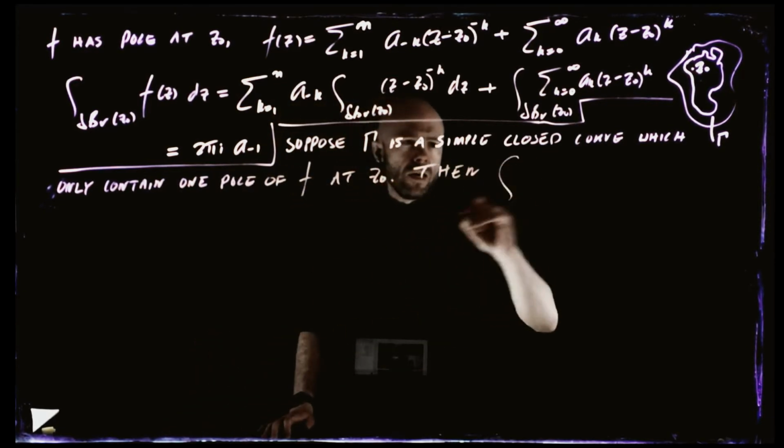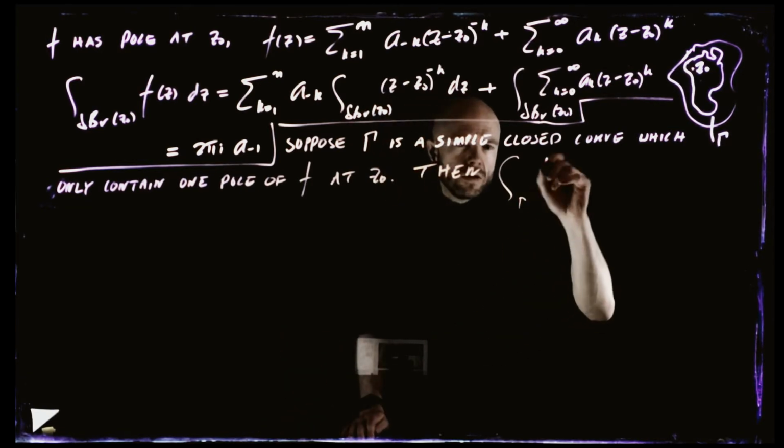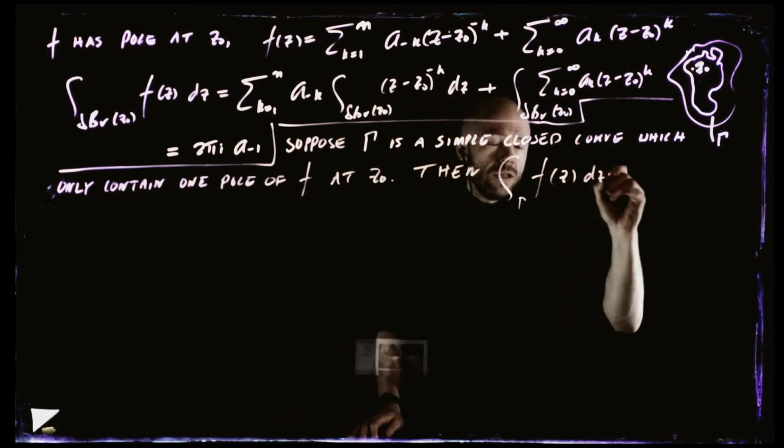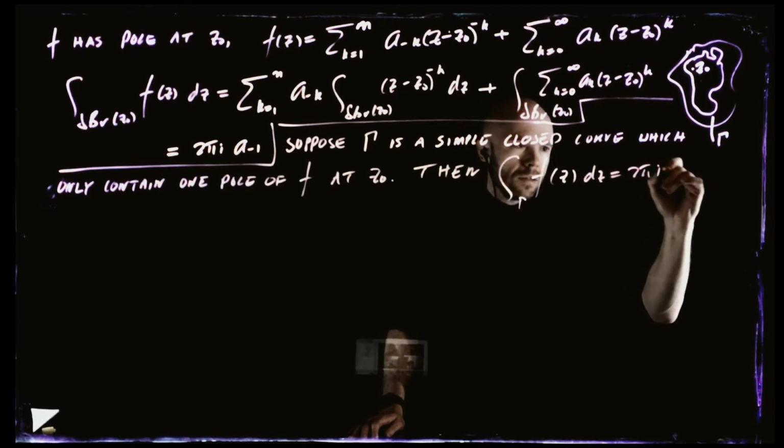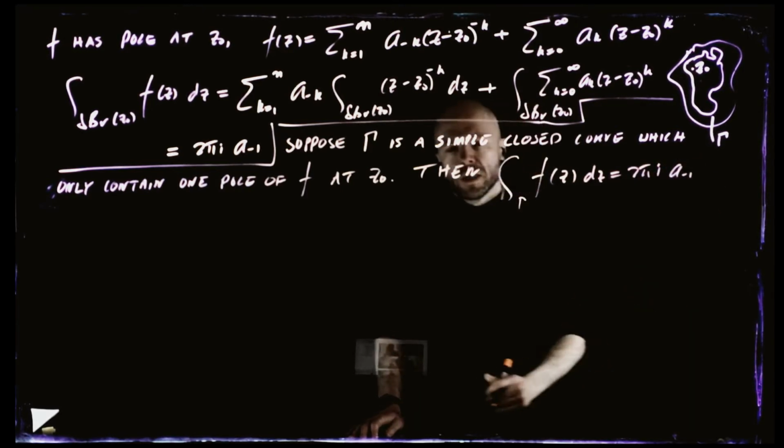Then I claim that the integral around gamma of f of z dz is still 2 pi i a_{-1}. Tell me why.